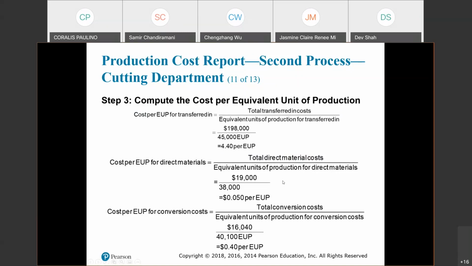So for the direct materials, we get the unit cost to be 5 cents per EUP and 40 cents per EUP for conversion cost.